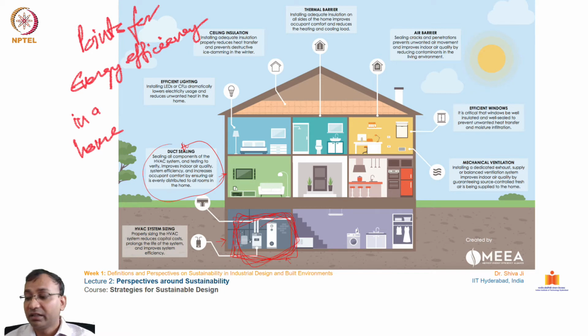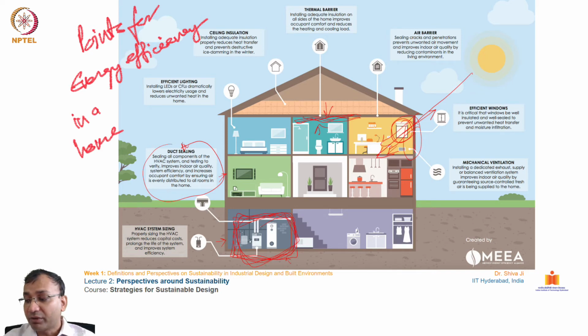Thermal barrier: again, we have to check the transmission of energy and heat from one chamber to the next. So we should put thermal barriers, thermal insulators, in the places where a leak is possible. Even air barriers and efficient windows, because windows are the portions with direct openings. A lot of the sun's heat energy and light gets inside the interior. So how can we receive only the light and reduce the heat if it is not needed?